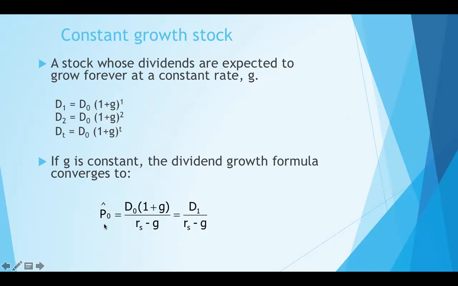So basically, the price of this stock should be equal to next year's dividend. Next year's dividend is this year's dividend times 1 plus G. Let's say the growth rate G is 5%, so you need to multiply by 1.05, right?